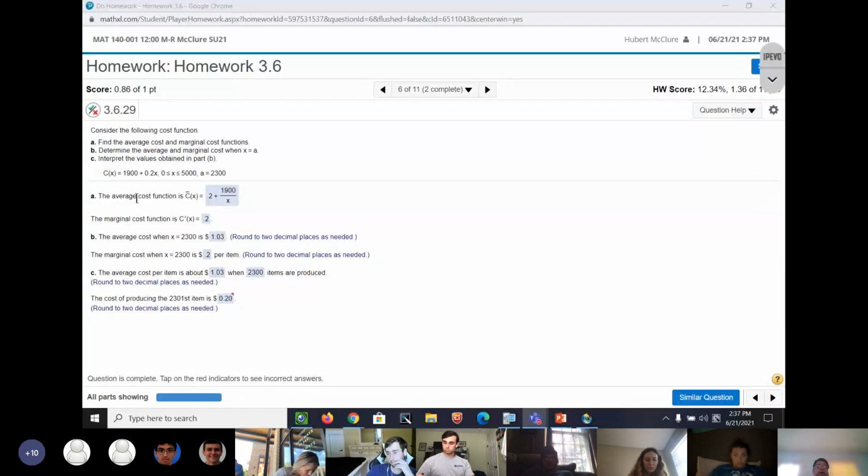And there it is. The average cost function is 0.2 plus 1900 over x. The marginal cost is 0.2. Here's where they tell you to plug 2300 into average cost. So let's go to the handy dandy calculator.